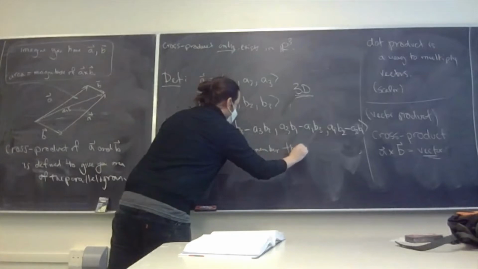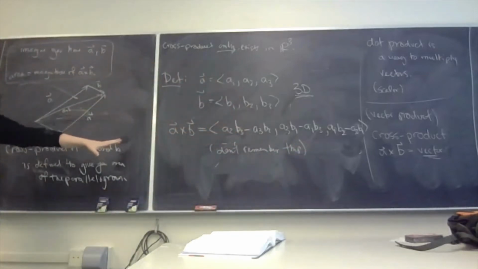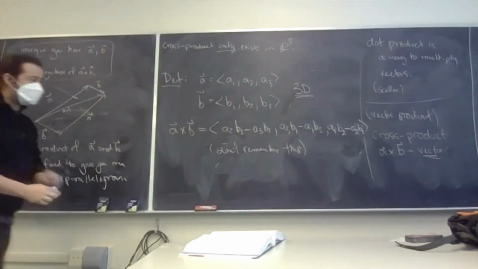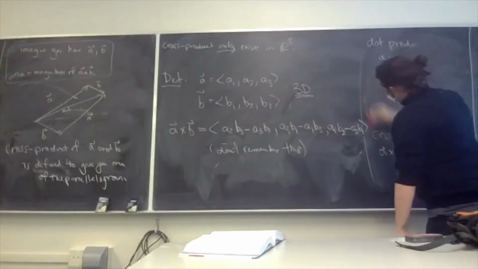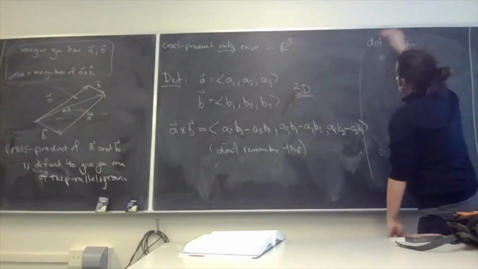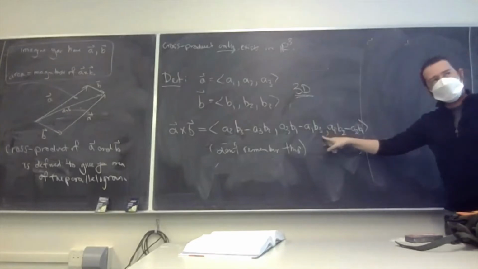There's a better way to remember this. Don't remember this formula. We're going to use the determinant of a matrix to remember this instead. Okay. Now, I can't really justify why matrices get involved and why there are determinants, other than the fact that it is a convenient computational tool used to write down what this actually is.